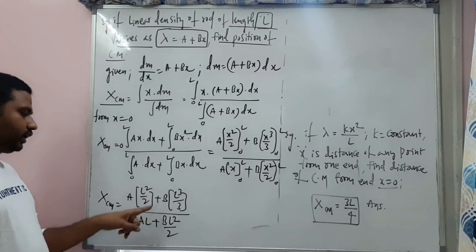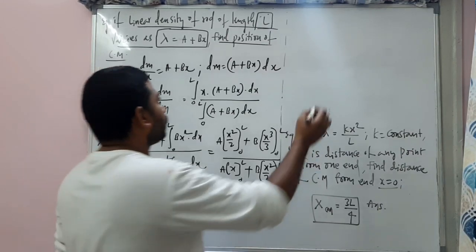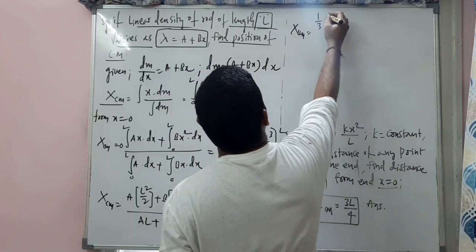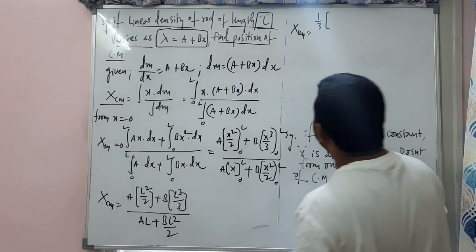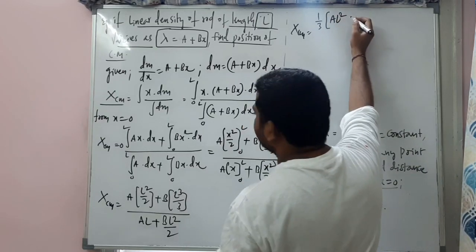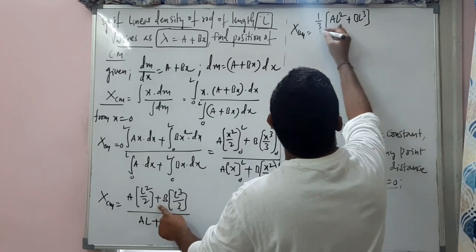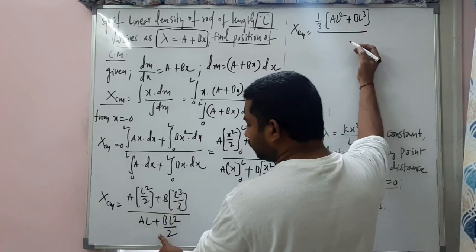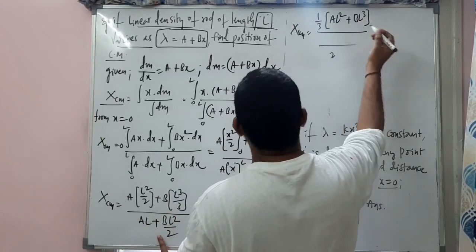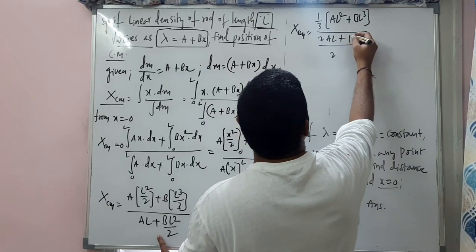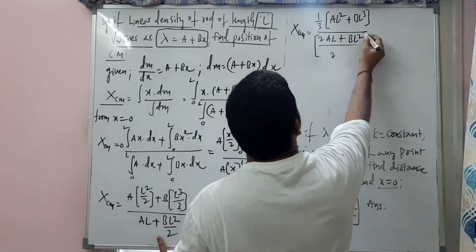Here you can take 1 by 3 common in the numerator. So xcm is equal to the numerator 1 by 3 times (aL square plus bL cube), divided by the denominator, where LCM is 2, so it is (2aL plus bL square).